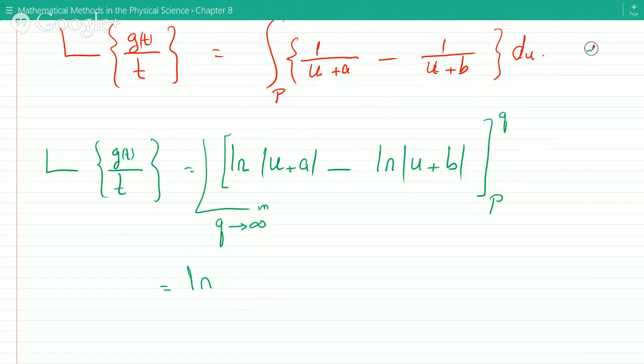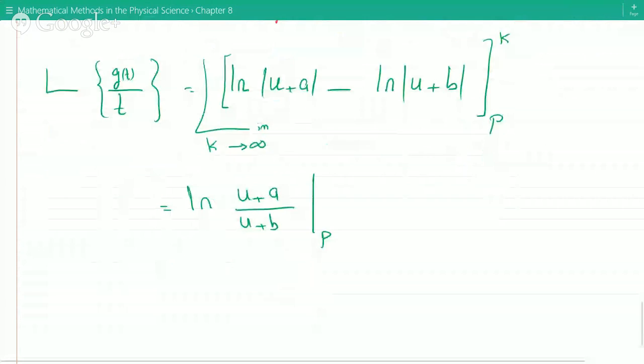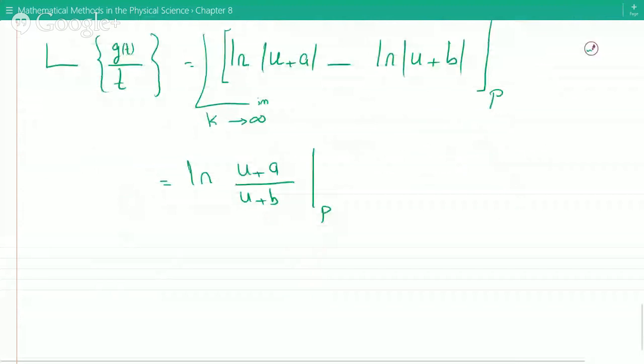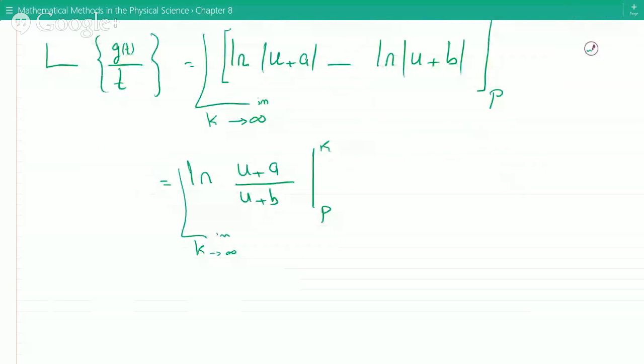So this becomes ln of u plus a over u plus b, and I will evaluate from p. I don't like this q, let me call it k. I'm gonna call it k, okay? And then we will take the limit as k goes to infinity, so p to k.